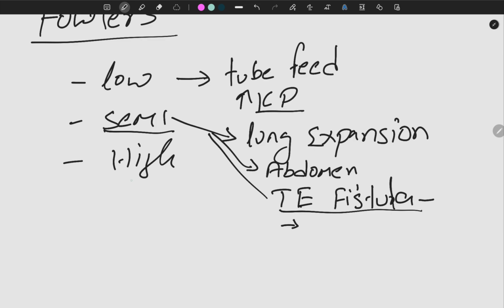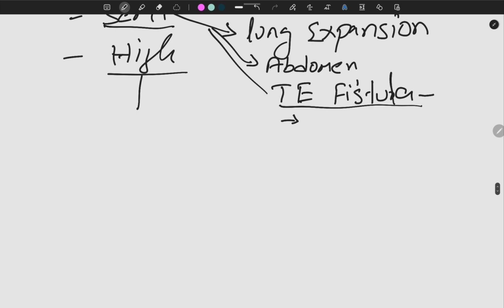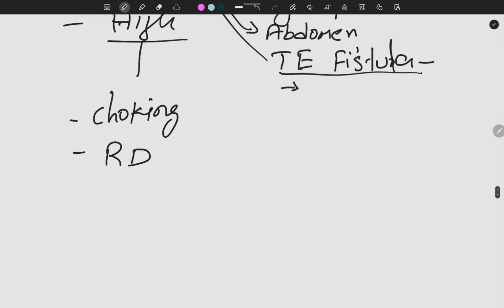And the next one is the high Fowler's position. So what is the use of this high Fowler's position? Mainly for choking. Choking is nothing but obstruction of the airway, and respiratory distress and asthma.